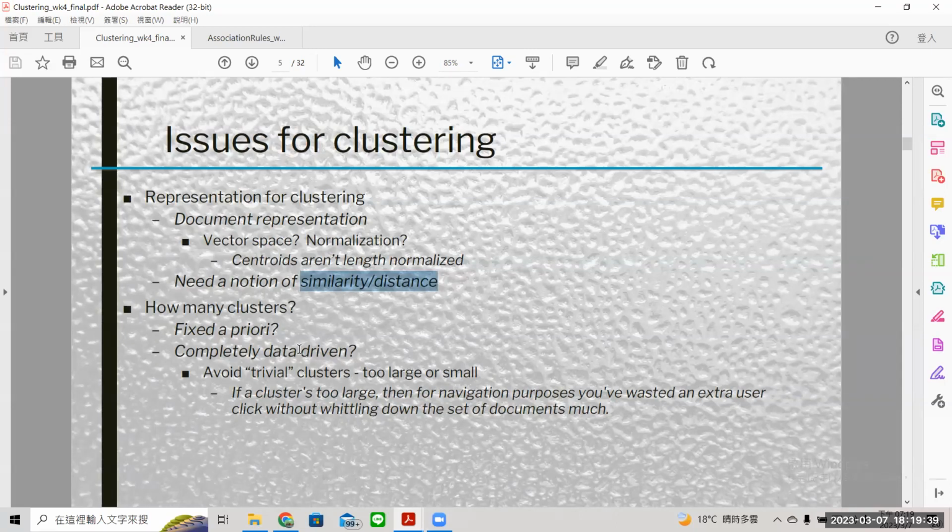But if you fix the number of clusters, sometimes your data will tell you a good or bad story. So you can see this is the point.